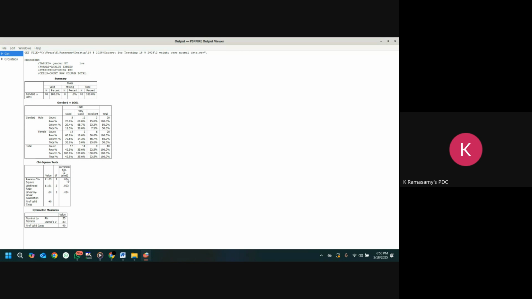If the null hypothesis is rejected, it means that the alternative hypothesis is accepted. So what does it mean? In this particular example, the sig value is 0.004. It is definitely less than 0.05. It means that the null hypothesis is rejected and the alternative is accepted.